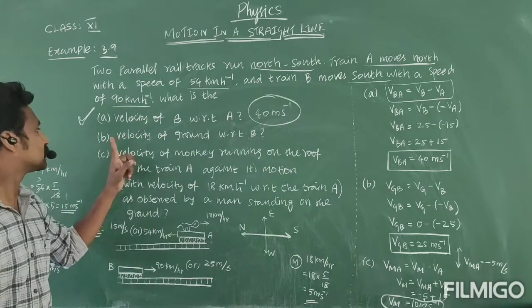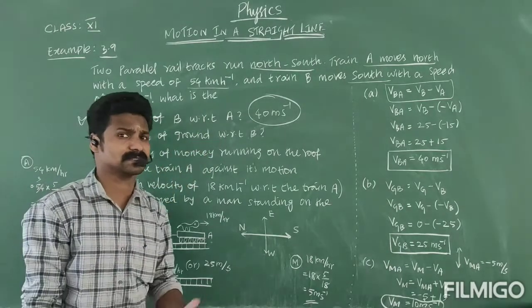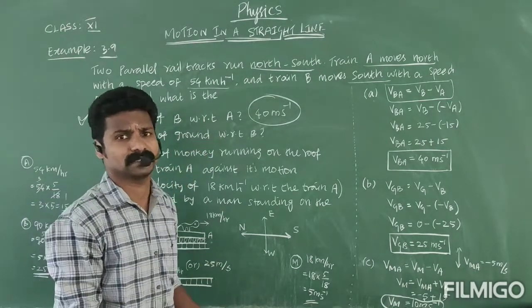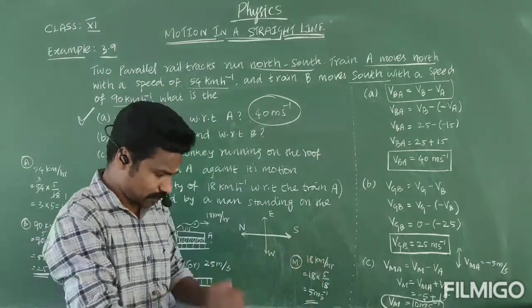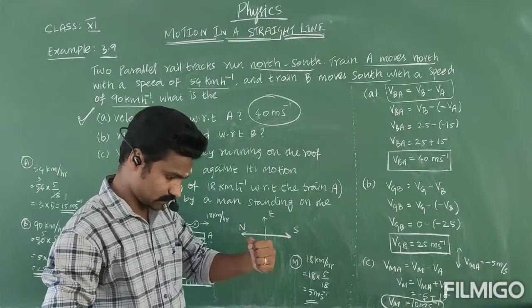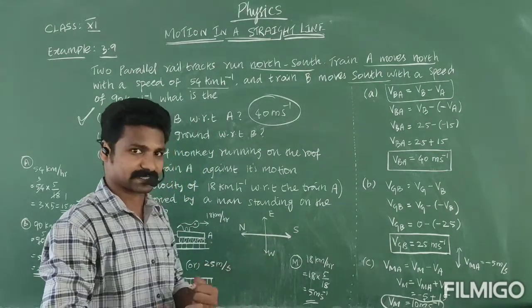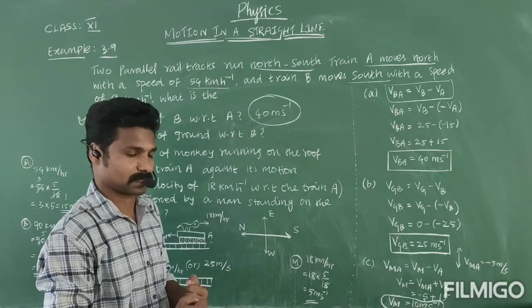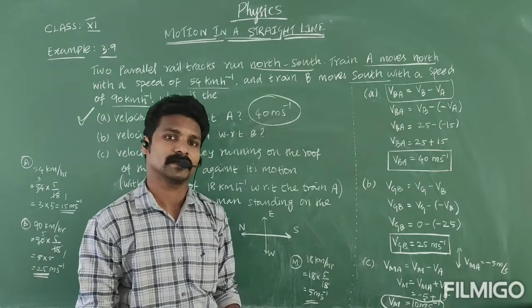Second one, the velocity of ground with respect to B. Without calculation I can say. For example, now you are running at 1 meter per second. You know very well the ground is at rest.